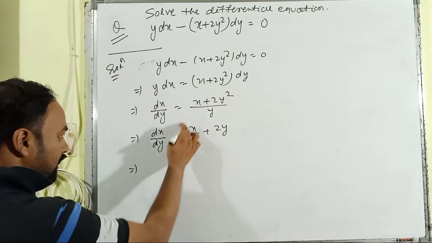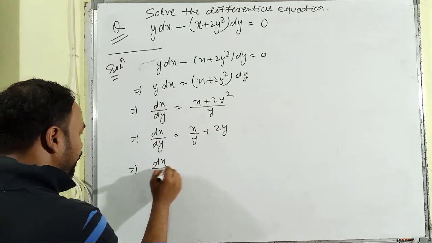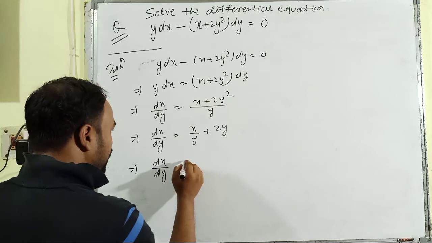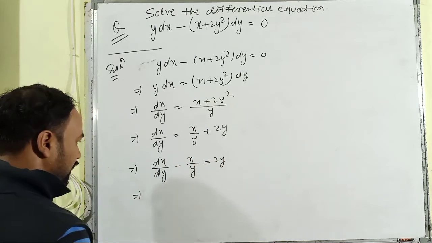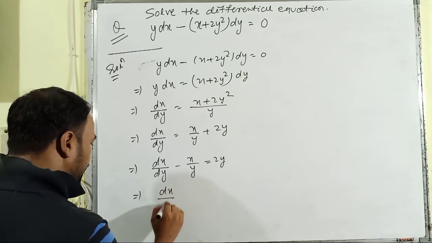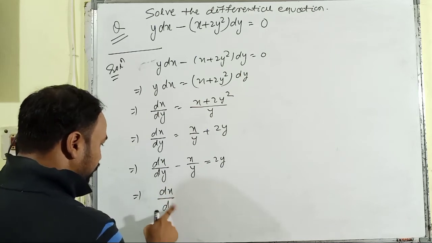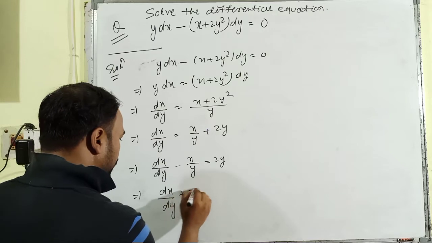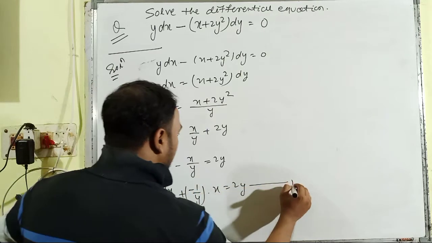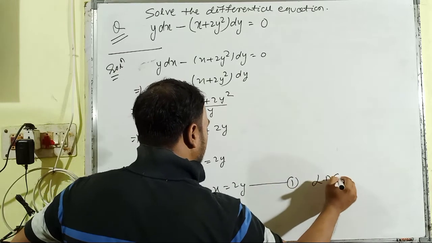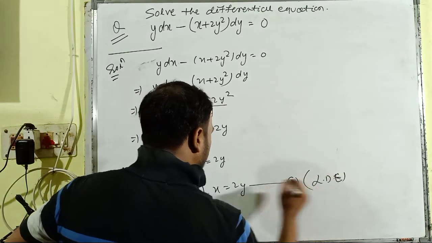Taking x/y towards the left hand side, we have dx/dy minus (1/y) x is equal to 2y. That is, dx/dy plus (minus 1/y) multiplied with x is equal to 2y, and here it is the linear differential equation of the second kind.